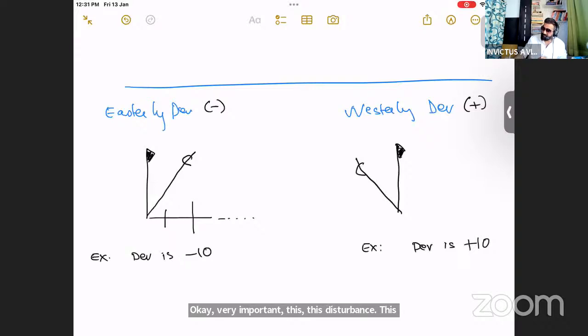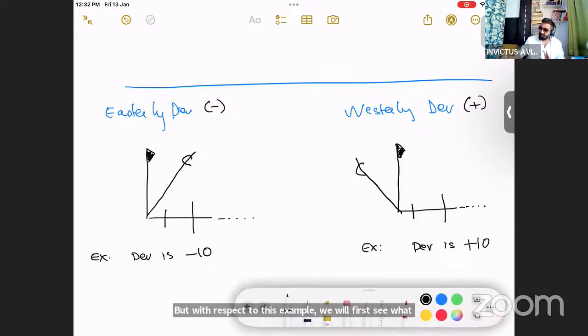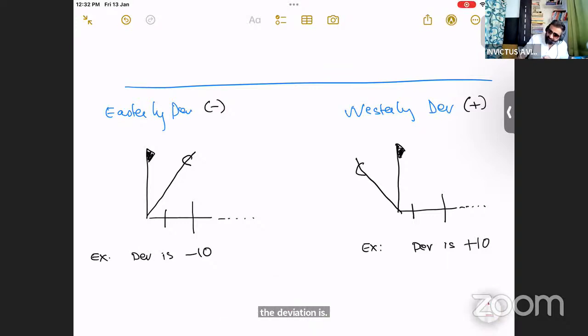And let's say this aircraft also has the same magnetic heading. So what is the magnetic heading of the aircraft right now, students? This is what we are required to determine. But with respect to this example, we will first see what the deviation is. Deviation I'll write in red: the angular difference between magnetic north and compass north.